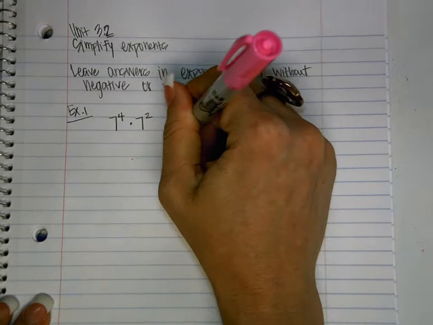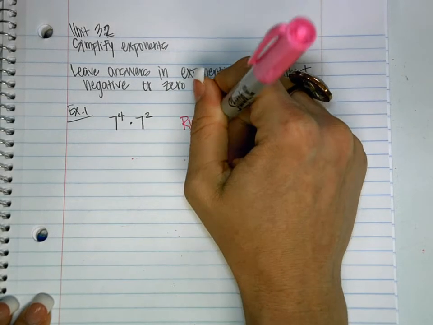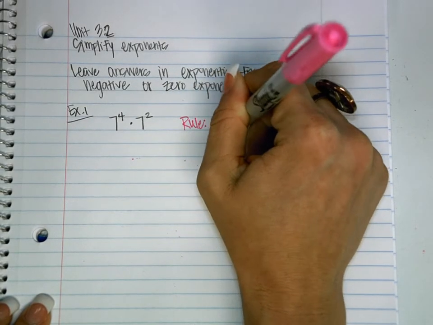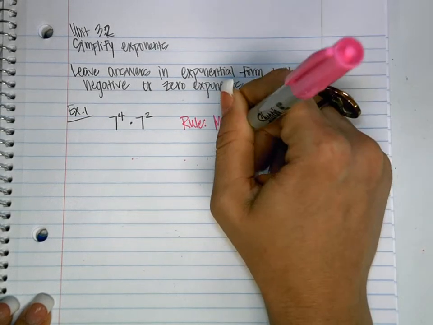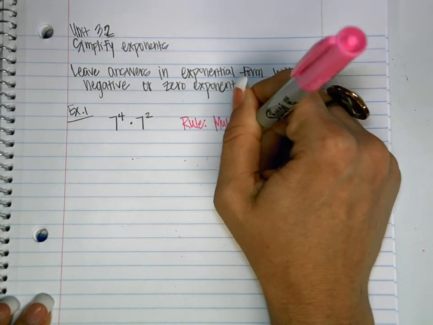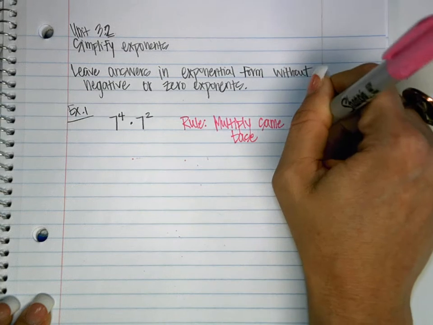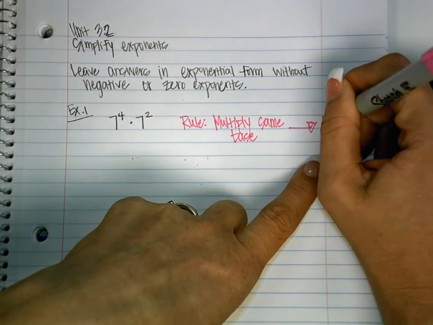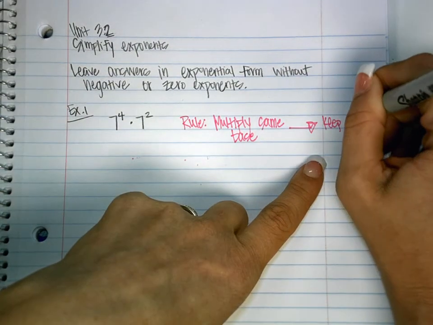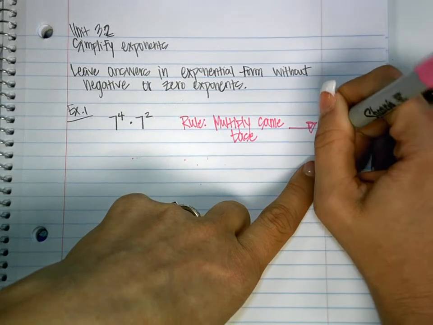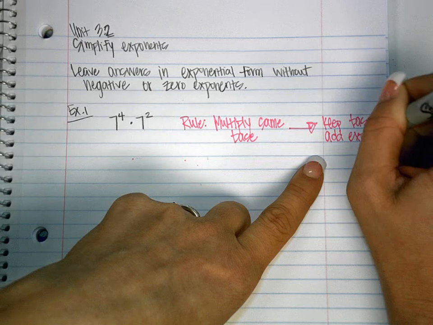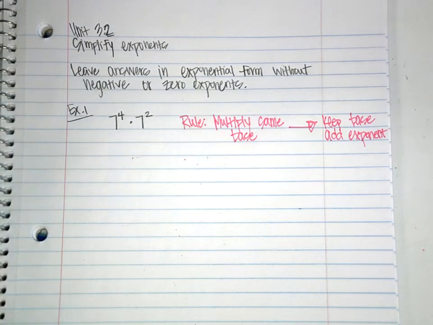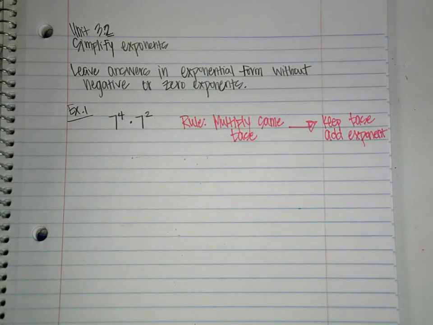It tells you that if you are going to multiply with the same base, and in this case the base would be 7, what you need to do is keep the base the same and add the exponents.